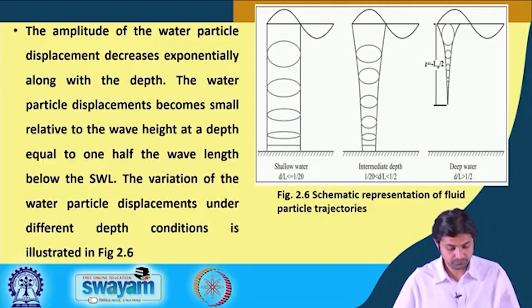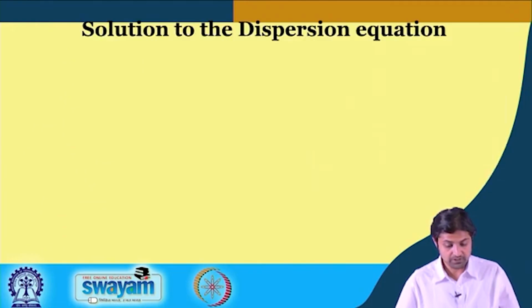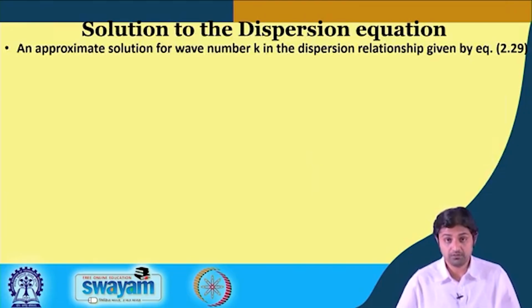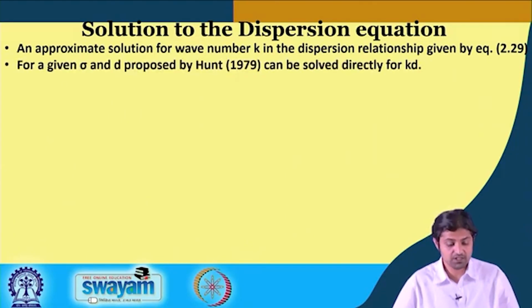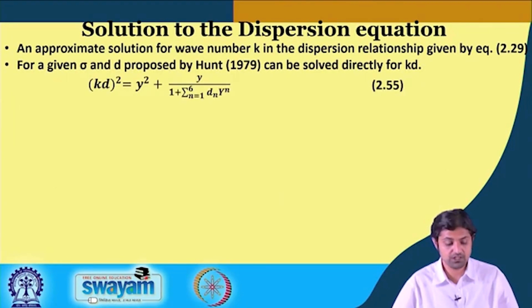There is one last thing before the end of this lecture. I have included it in the slide, but it does not have any significance for this particular course. You see the dispersion relationship, I said there are two solutions, one is using the wave tables and the second is trial and error, but some scientists like Hunt came up with a direct solution for kd.